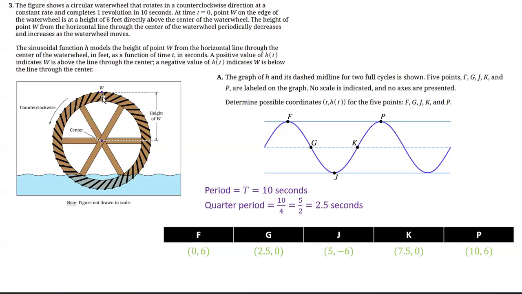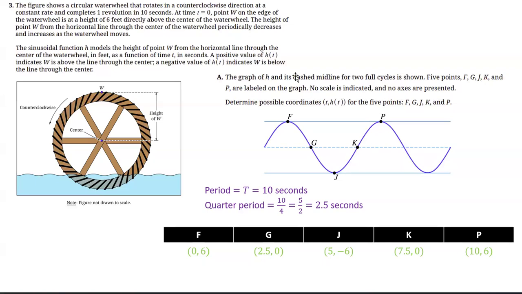The height of point W from the horizontal line through the center of the water wheel periodically decreases and increases as the water wheel moves. The sinusoidal function h models the height of point W from the horizontal line through the center of the water wheel in feet as a function of time t in seconds. A positive value of h indicates W is above the line through the center. A negative value of h indicates W is below the line through the center, okay?